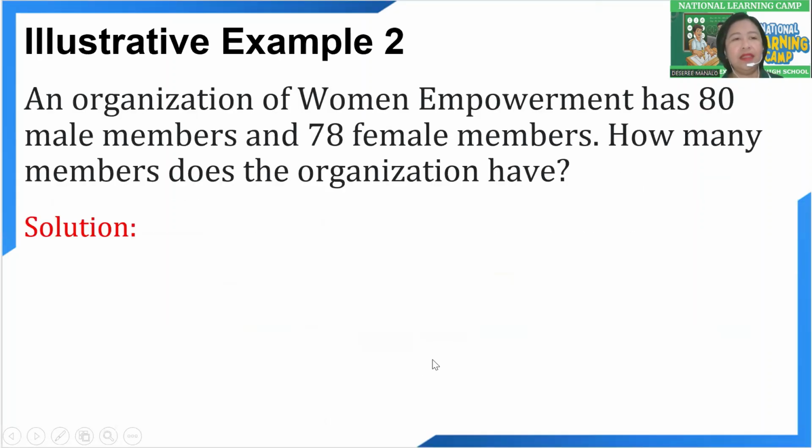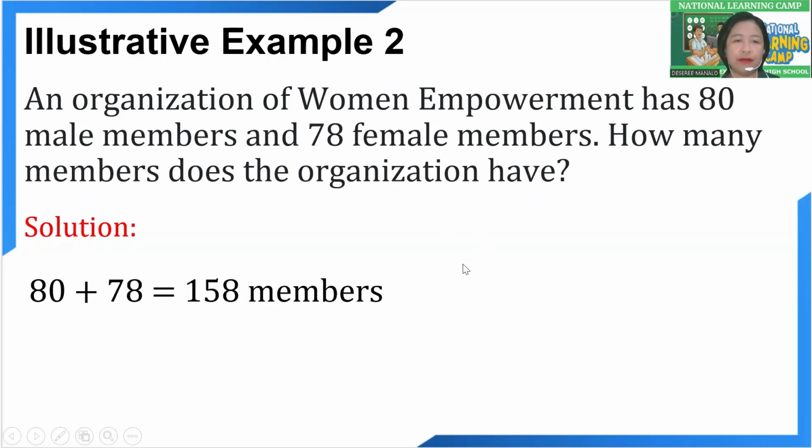Another example. An organization of women empowerment has 80 male members and 78 female members. How many members does the organization have? For the solution, positive 80 plus 78 is equal to 158 members.